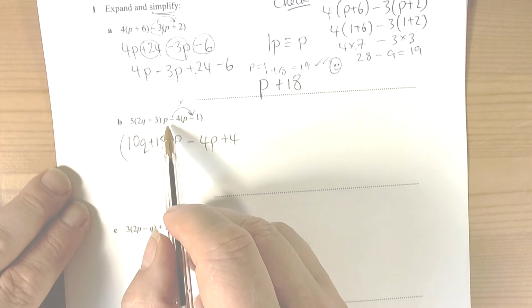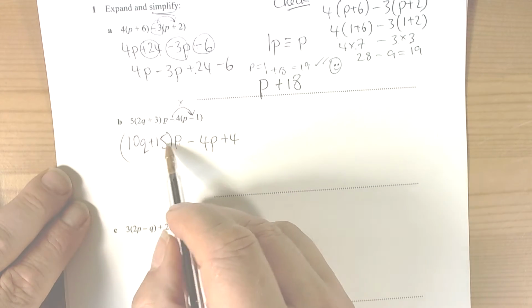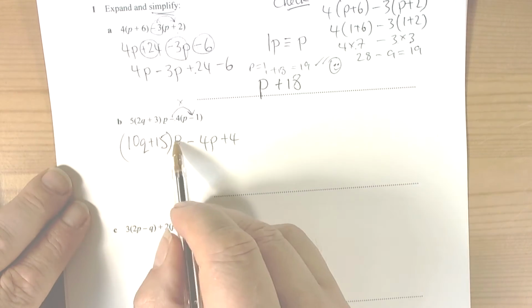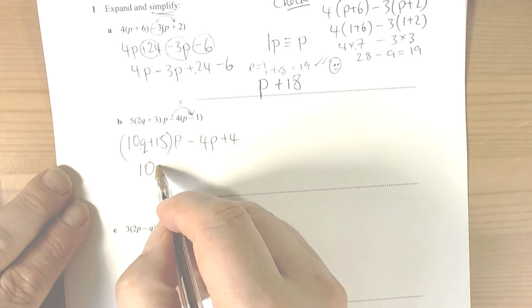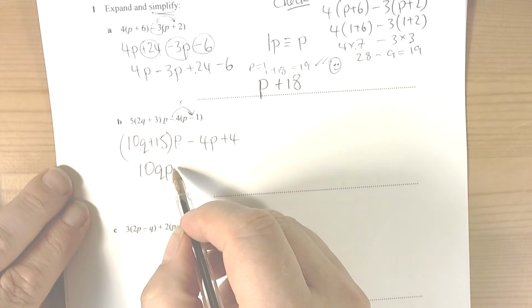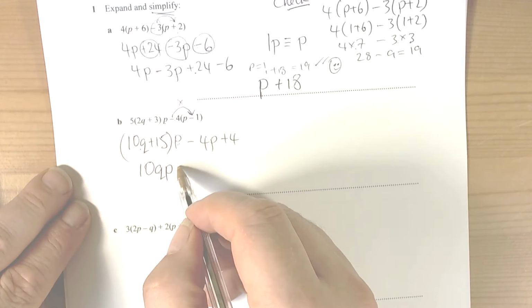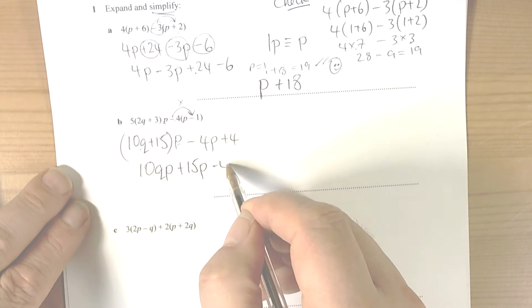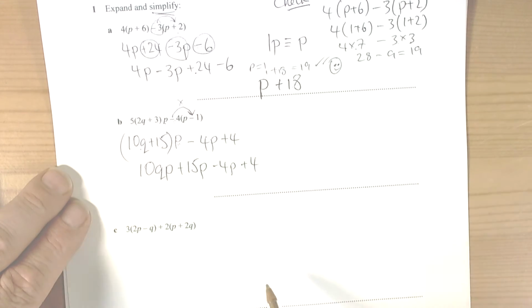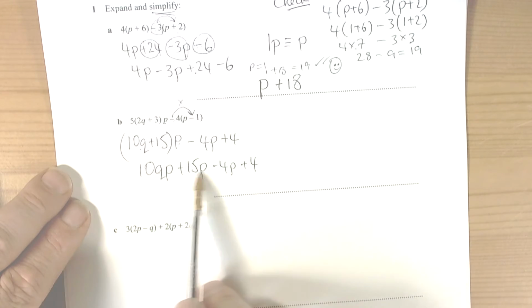The p there has still got to be multiplied by each of the bits in here. So we've got 10q's times a p, so that gives me 10qp. We've got 15 times a p, so that gives me 15p. We've got take away 4p, and then we've got plus 4. So we go through looking for like terms.